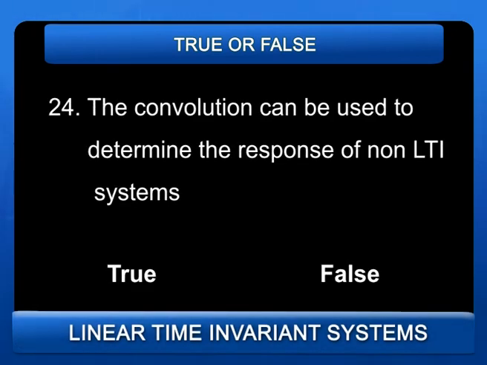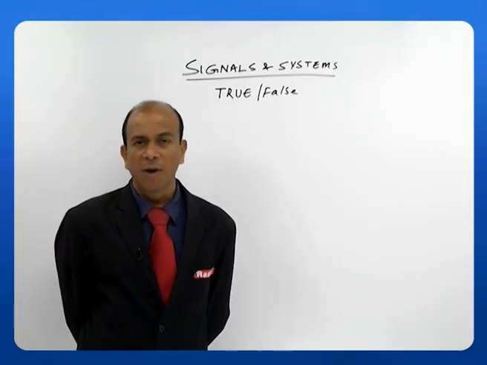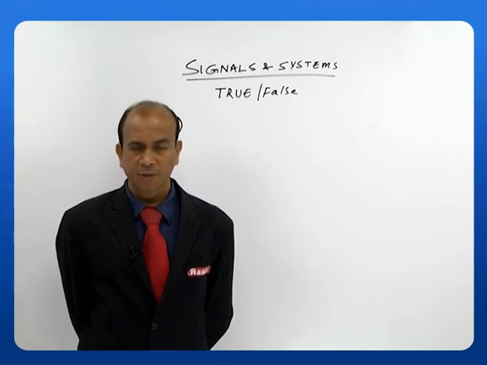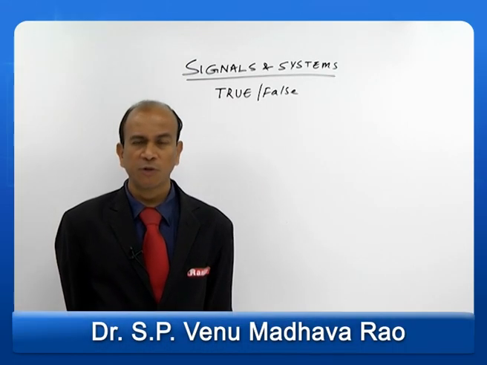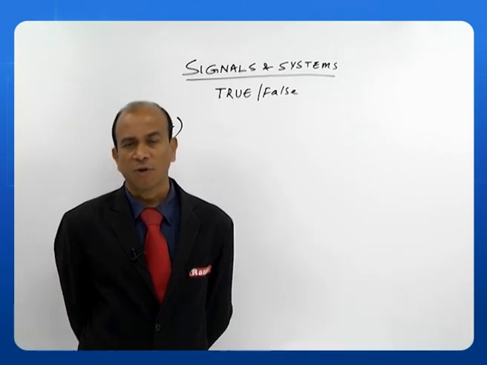The convolution can be used to determine the response of non-LTI systems. If you remember what we have studied earlier, is this answer correct or false? The answer is false, because we never spoke about non-LTI systems and convolution together. We said a system output is a convolution of the input and the transfer function of the system.